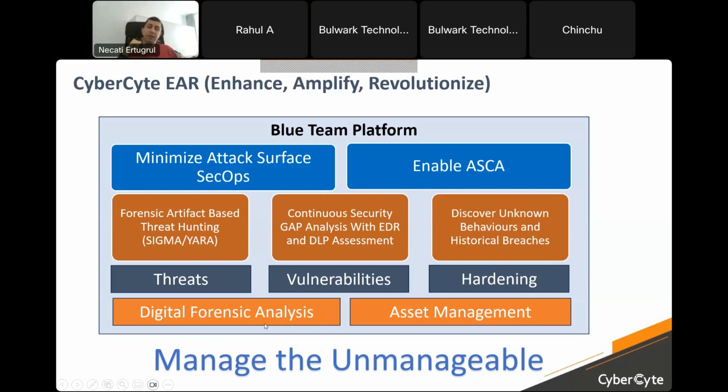What it does is it executes forensic artifact-based threat hunting. So through Sigma and Yara rules, which are open standards in the cybersecurity ecosystem, because of this extremely rich and powerful, it tells us possible risks, not only threats, but anything that is unknown or that is indicating an uncompliance can be identified through these rules.